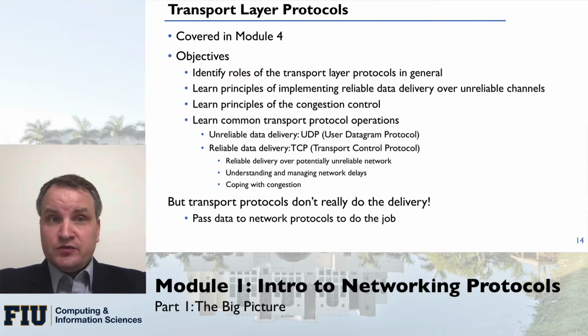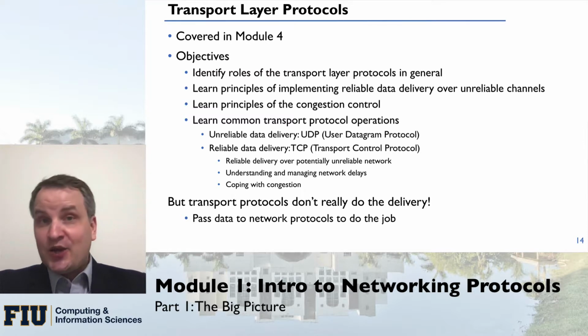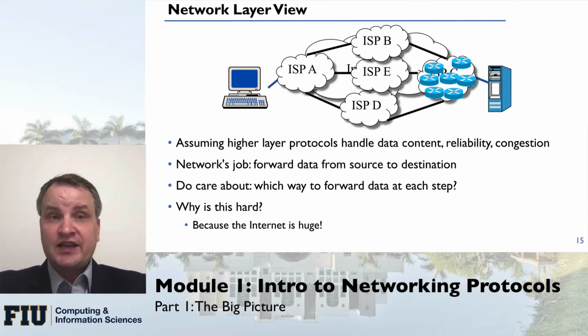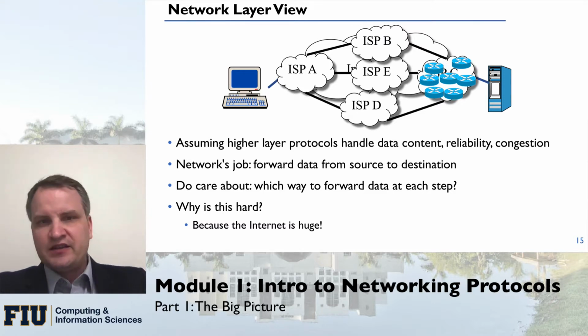Okay, so now we have some understanding, I hope, of the transport layer protocols, but they don't actually do the delivery. They only assume that somebody will deliver the actual packets to the other node, and don't care how things happen inside. That is the job of the network layer. At this point, below the transport layer, there's no longer any application.